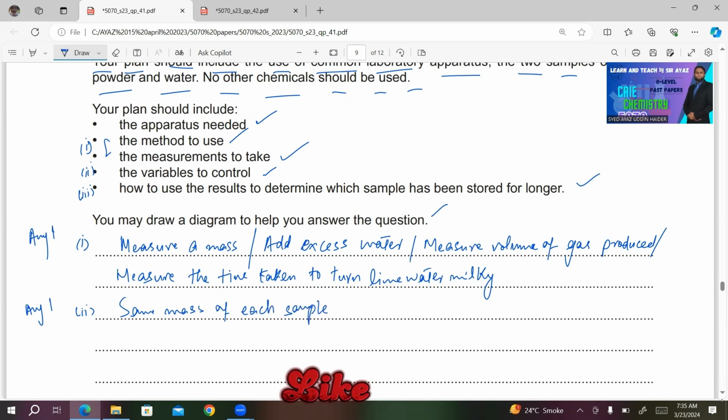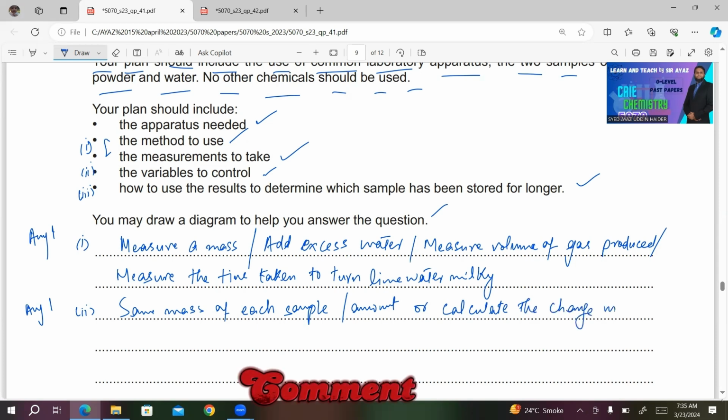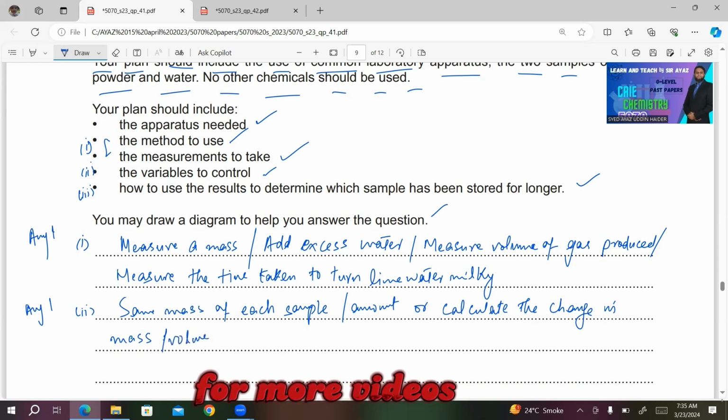You can even write amount, or you can calculate the change in mass, volume produced per unit.